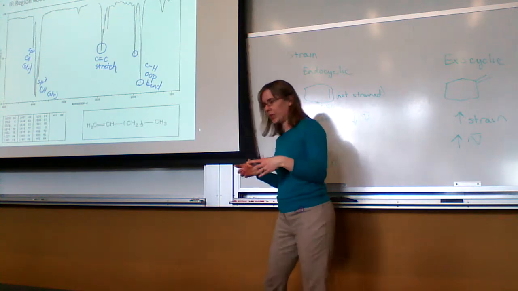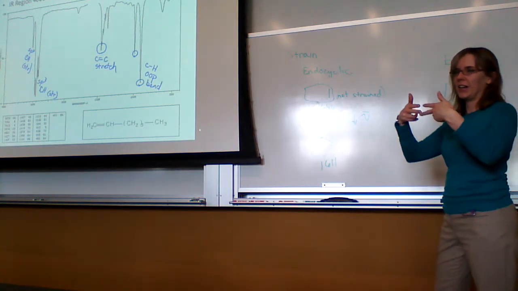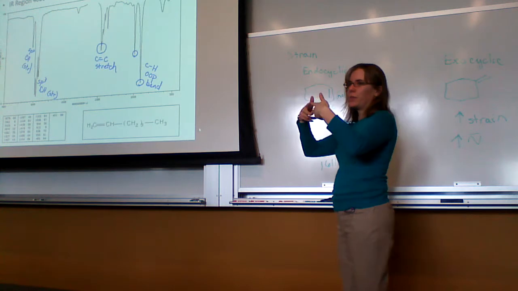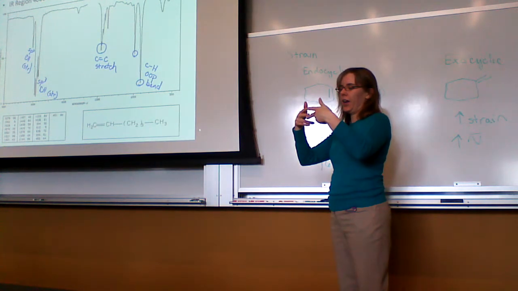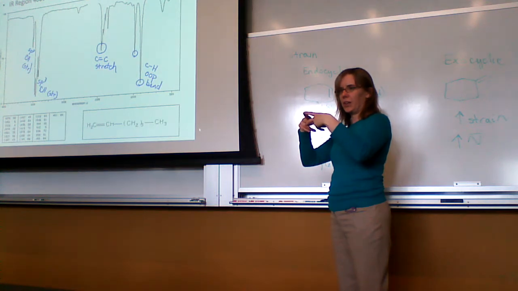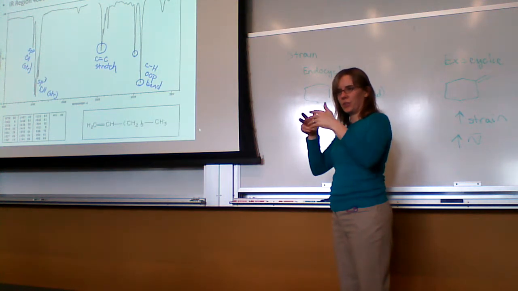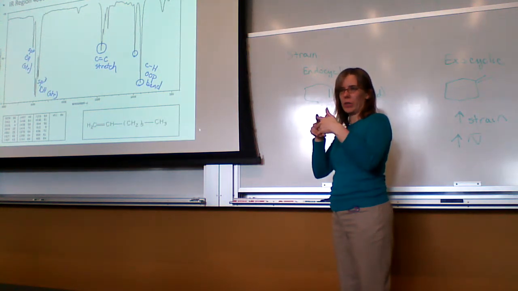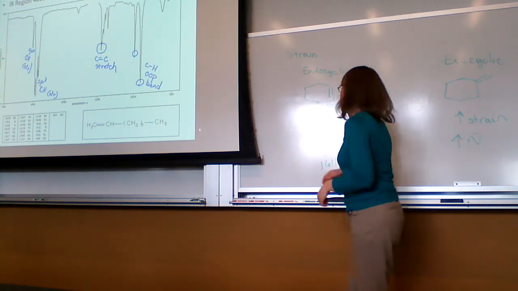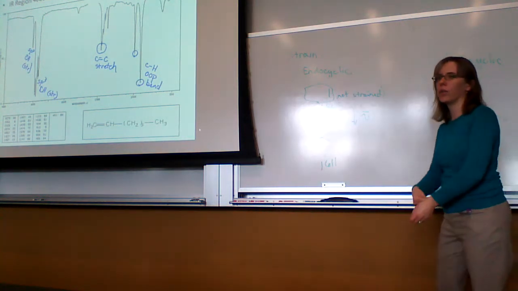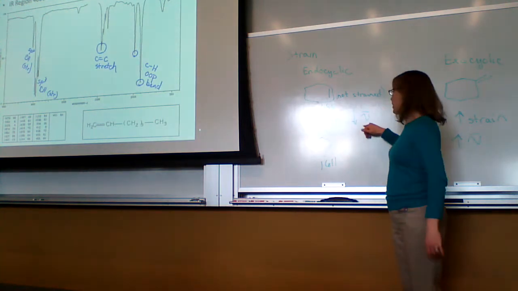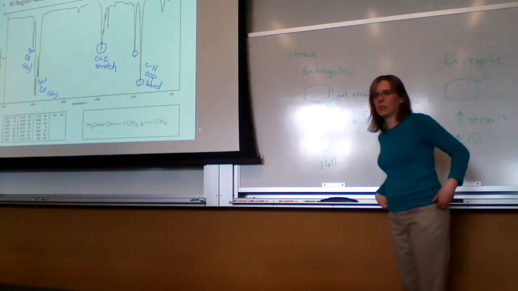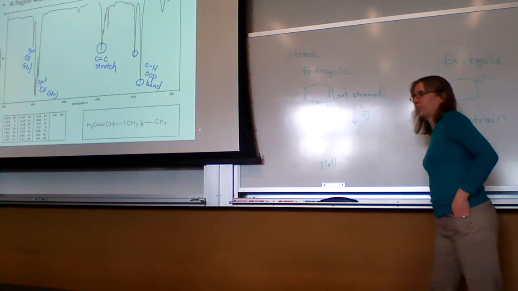Because in a double bond, ideal alignment is to have the two carbons directly parallel with each other, and as you increase the strain on that, they're not going to overlap quite as well. And so they're not going to have quite as good of an overlap in the double bond, so it's going to be a little bit less, and your stretching frequency is going to be a little bit less. Okay.